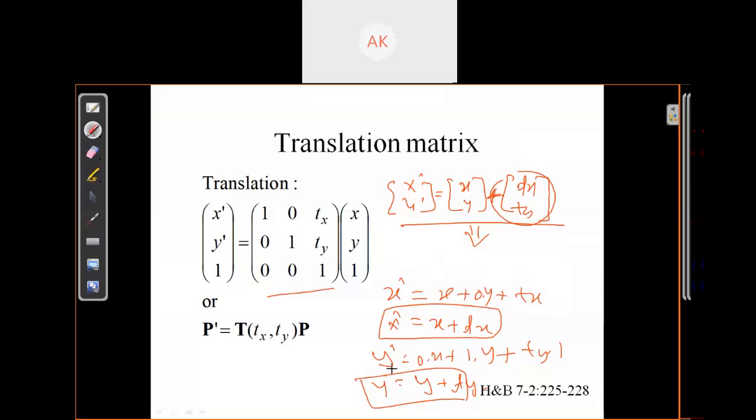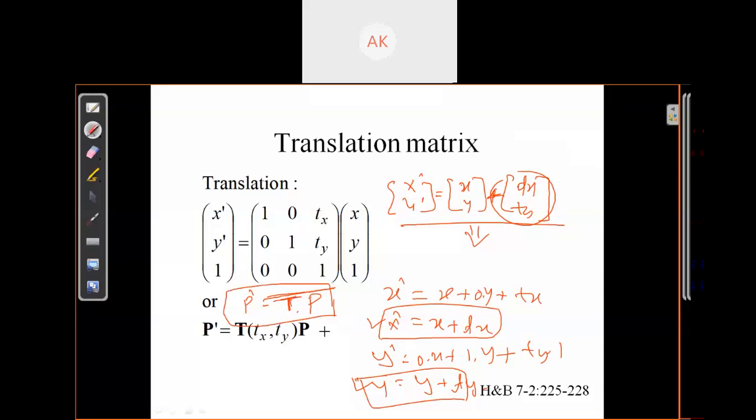So now you can see we can write this equation in a multiplicative form. Here p dash equals T, our translation matrix, into your original coordinates p. Now you can see our formula has changed into a multiplicative form.